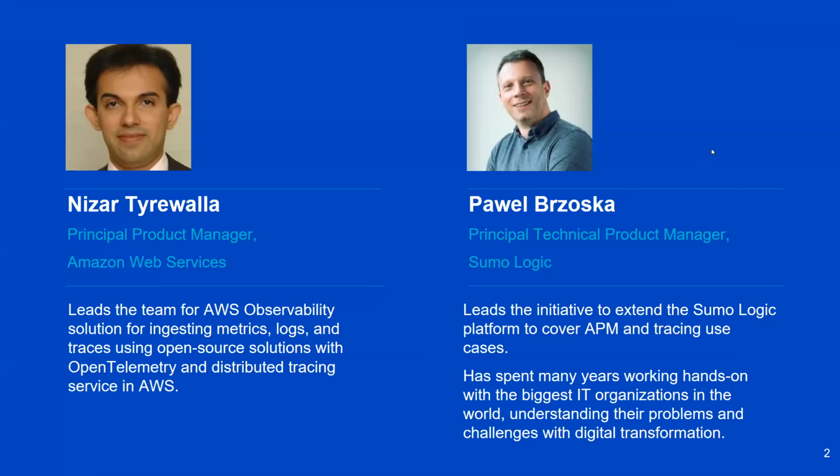And the other speaker we have today is Pawel from Sumo Logic, and he is the principal technical product manager at Sumo Logic, where he leads the initiative to extend Sumo Logic and the platform to cover APM and tracing use cases. He has spent many years working in IT organizations, really understanding how best to solve the challenges that customers are facing with digital transformation.